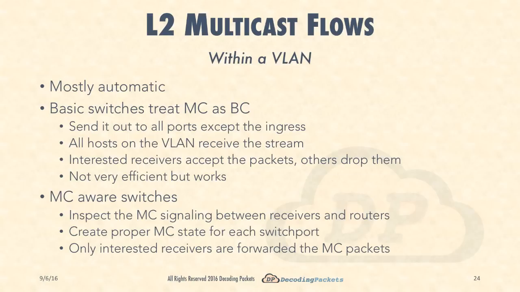In this particular case, even IP multicast becomes mostly automatic. Whether it's done on a broad basis or on a specific basis differs from switch to switch, but it's mostly automatic, so the sources can send the traffic and the receivers are almost guaranteed to receive that multicast stream.